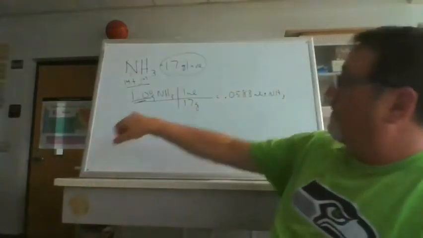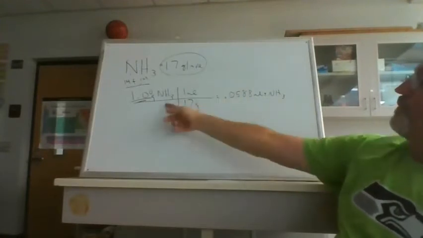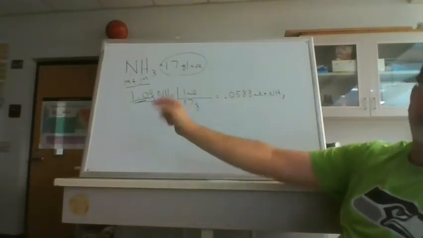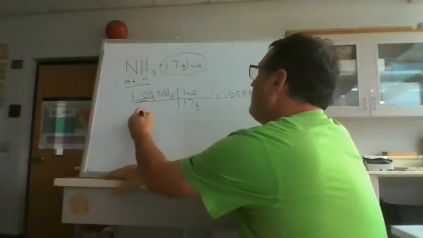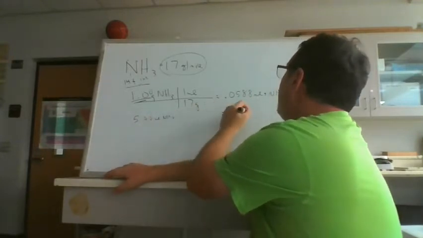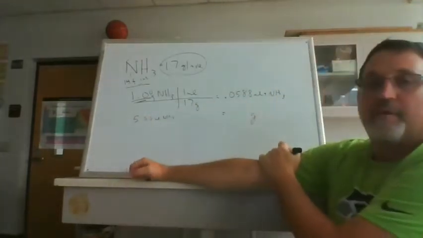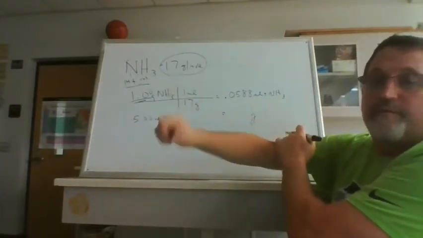Cool. 55 says, what mass of compound is present in 5 moles? So notice from here, I'm going from grams to moles. So if I can go from grams to moles, then I should be able to go in the other direction. So if I'm given 5 moles of it, how many grams do I have? Notice I'm using the same conversion factor, I'm just flipping it.